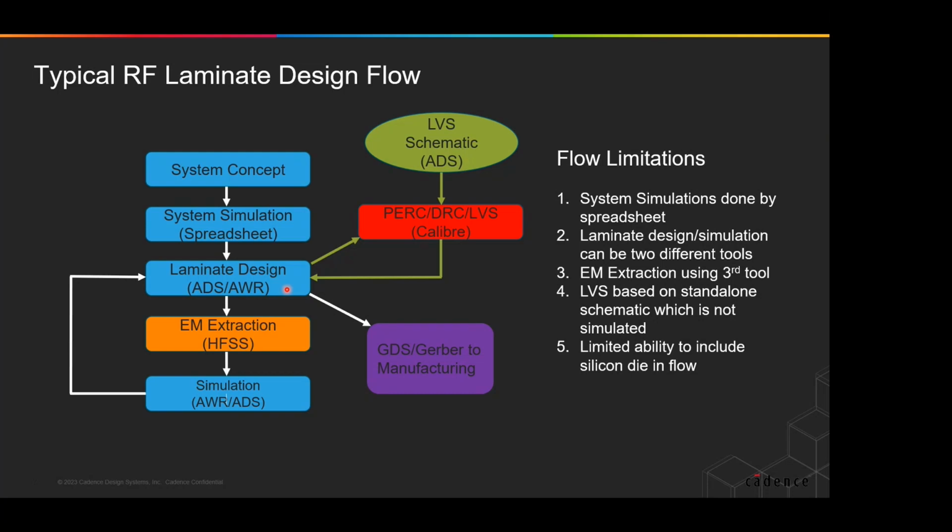And I guess finally, in a general sense, most of these point microwave tools, which is what we consider ADS and AWR, limit the ability to include silicon die. And so while they excel at RF solutions, if you want to throw 10,000 CMOS transistors into the electrical simulation, there's a sort of a capacity limitation.